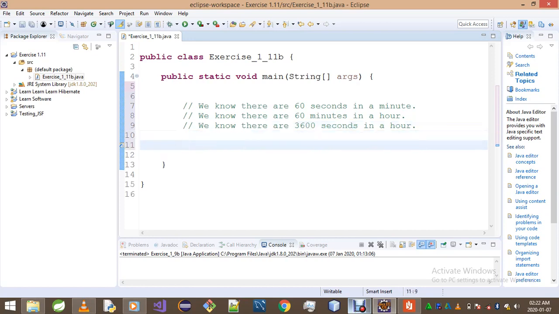Okay, what we want to do now is find the number of seconds in one day. We're going to do that using the following. We know that 1 hour is equal to 3,600 seconds.